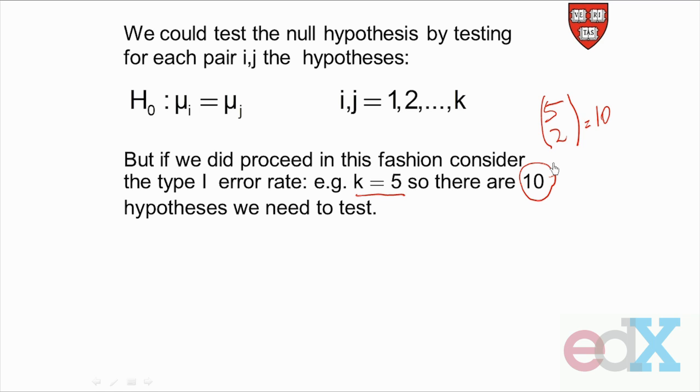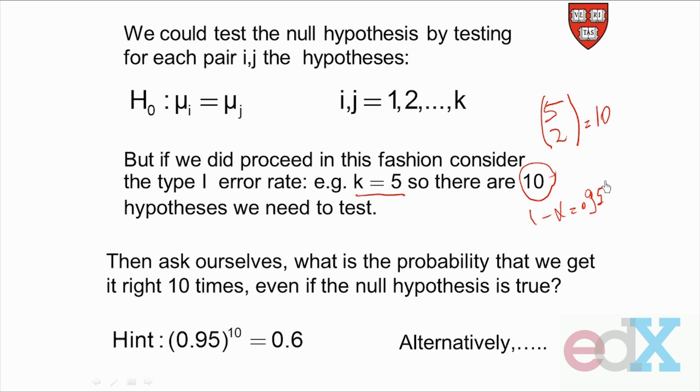If you do it once, let's say you've set your alpha at 0.05, then 1 minus alpha would be 0.95. So your probability is 0.95 of not rejecting the null hypothesis when you shouldn't. What about doing it 10 times? Well, it all depends how dependent these 10 tests are, but if they were independent of each other, then the correct answer is 0.95 to the 10.